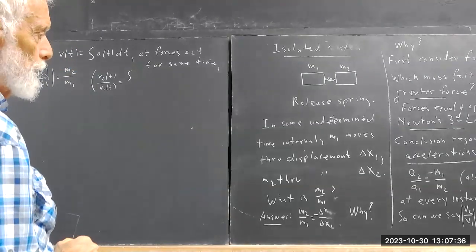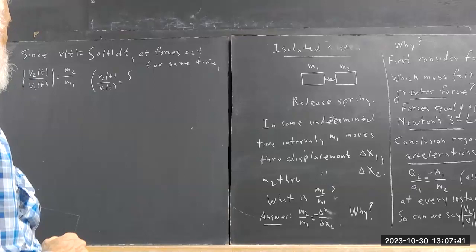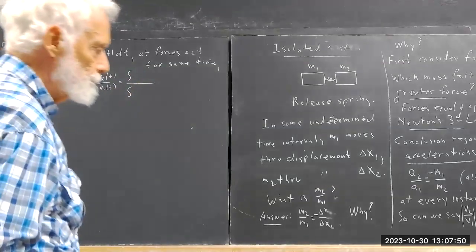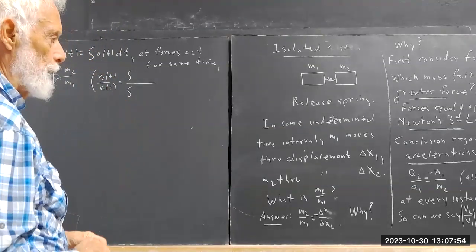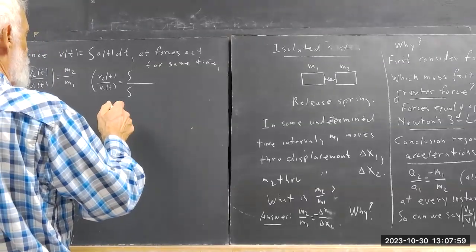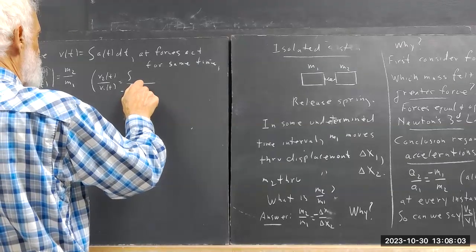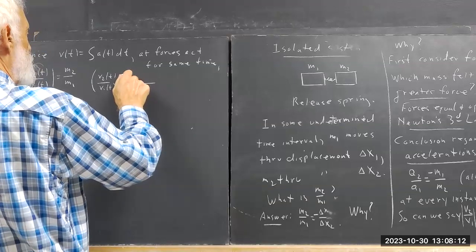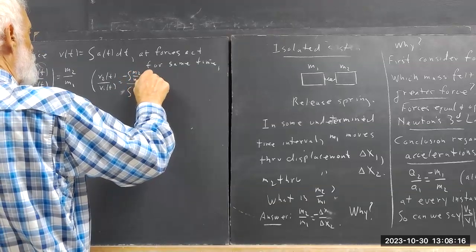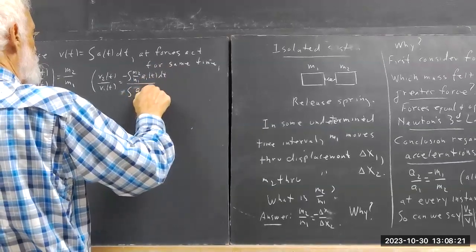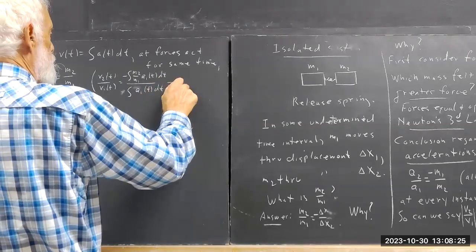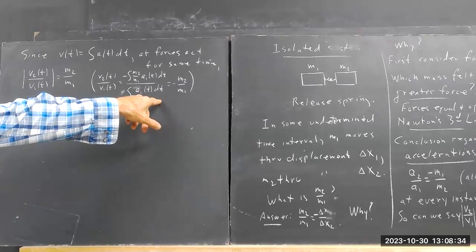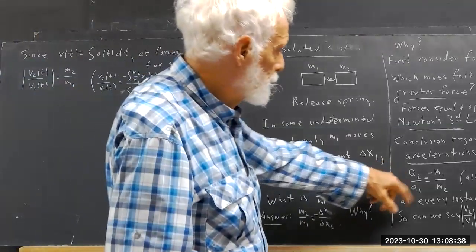I have enough to write the expression. What I can say is A2 is negative M1 over M2 times A1.